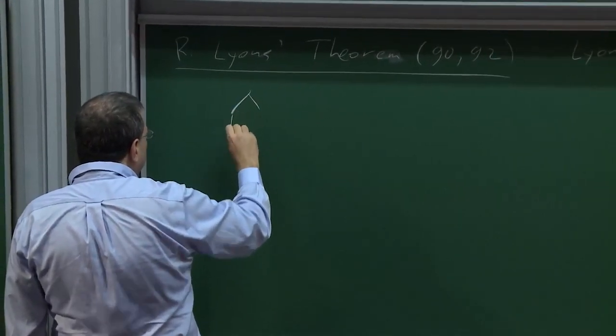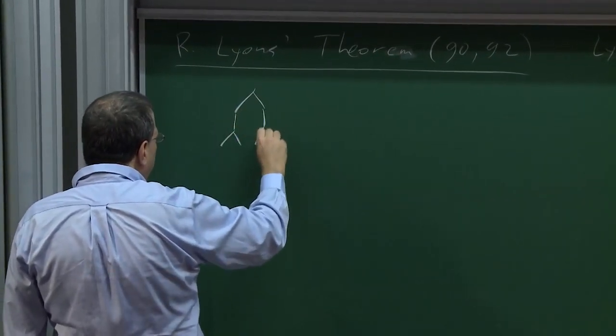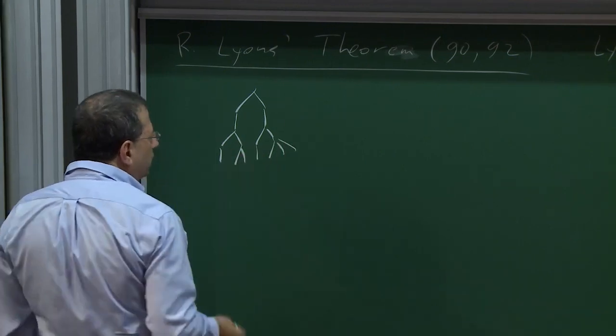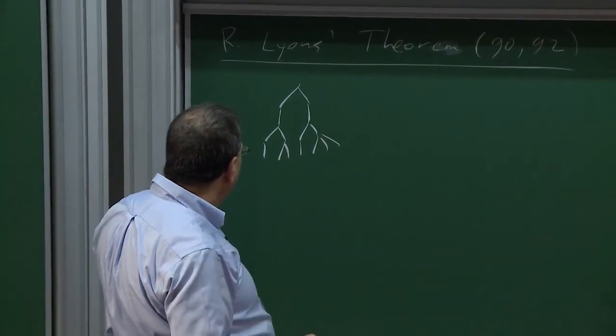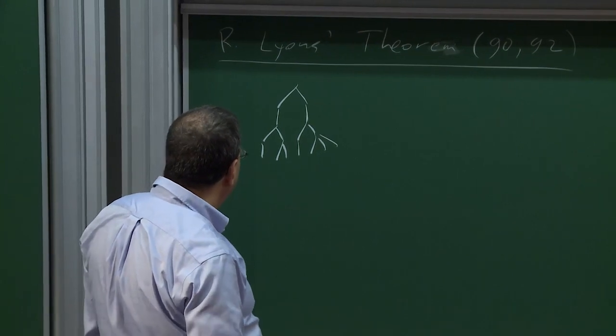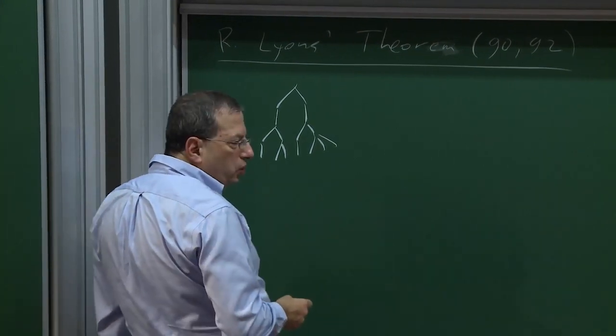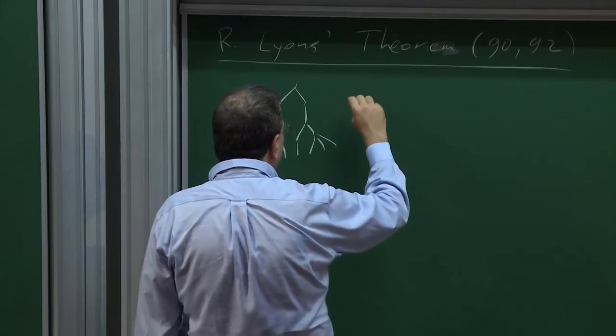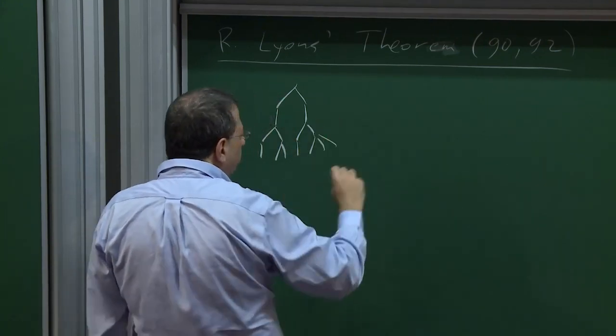So I have a tree. It's not a regular tree, it's some general tree. And I'm doing percolation on the tree with some parameter p. What does that mean?